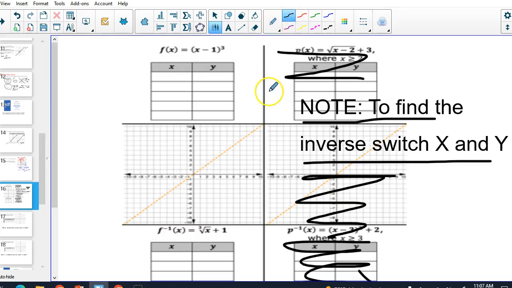So, let's figure out what our original function is in red. To get our x values, we can pick whatever values we want. Then we do -1, 0, 1, and then maybe 2, 3.